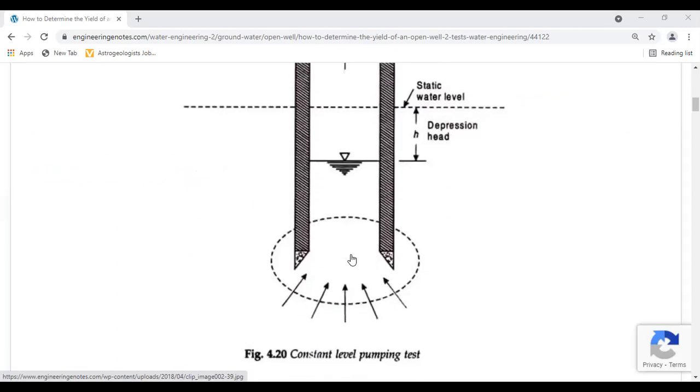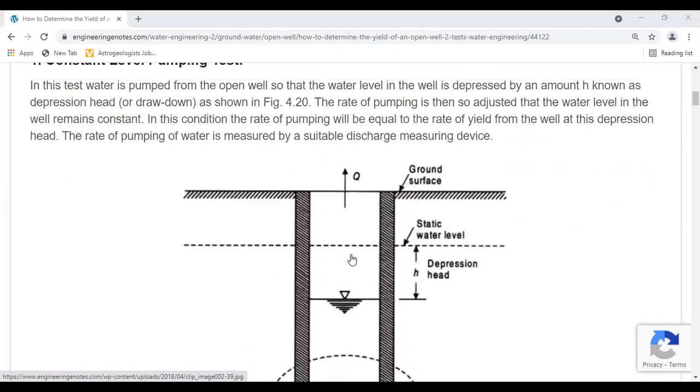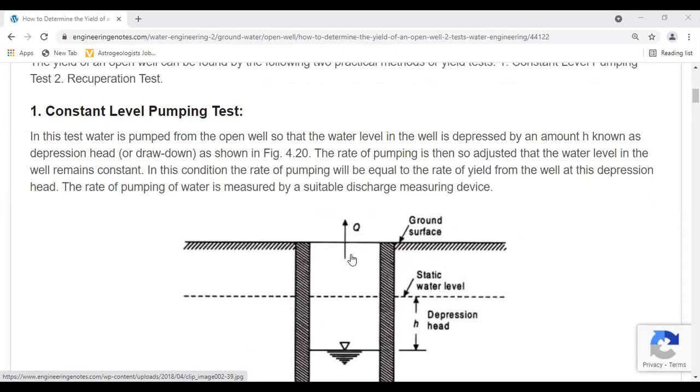So here guys, constant level pumping test. In this test, water is pumped from the open well so that the water level in the well is depressed by an amount known as the depression head or drawdown, as shown here in the figure.